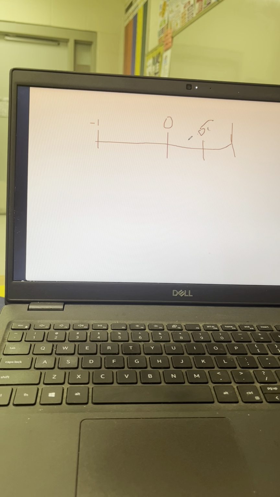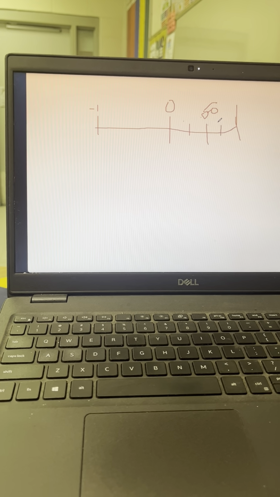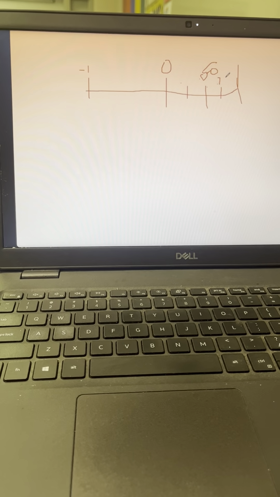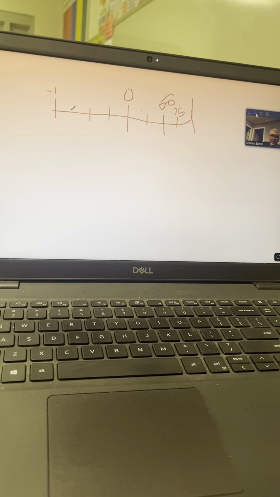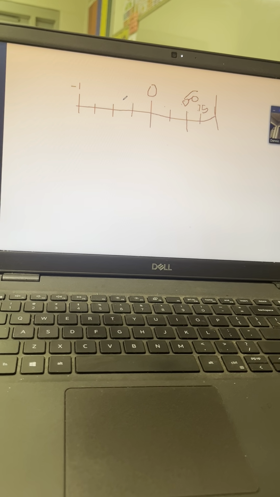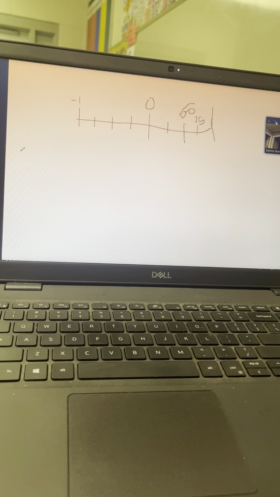So somewhere about half was what? 0.5. And then what would be right here? 0.25. And 0.75. The same thing happens over here, except it's -0.5, -0.25, and -0.75 because it's to the left of 0, right?